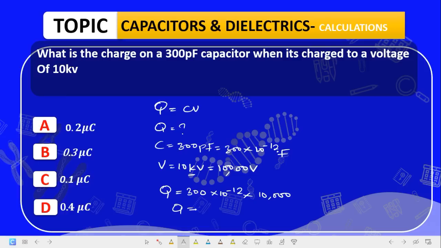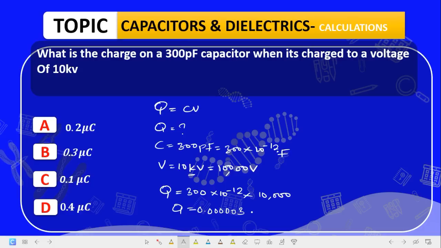When you simplify this, that will give us 0.0000, we have 1, 2, 3, 4, 5 zeros.